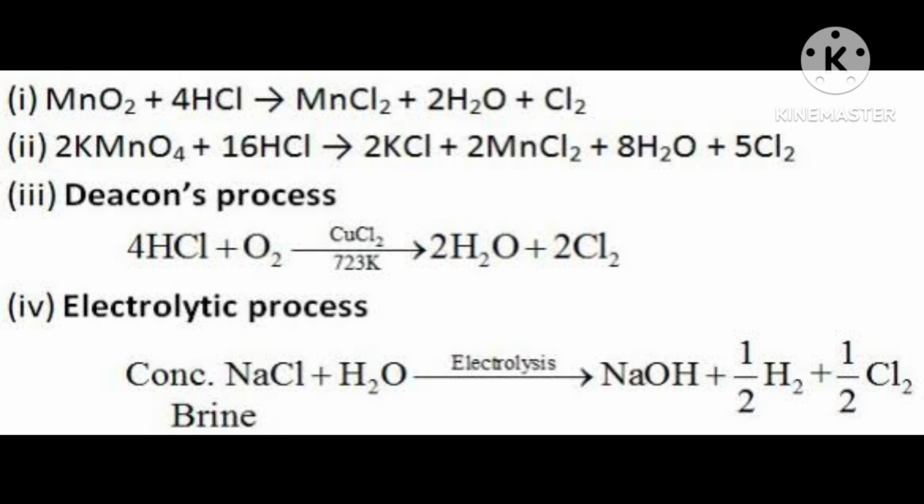However, a mixture of common salt and concentrated H2SO4 is used in place of HCl.